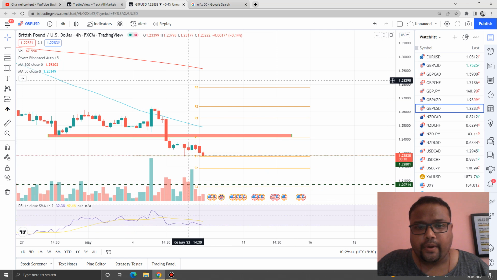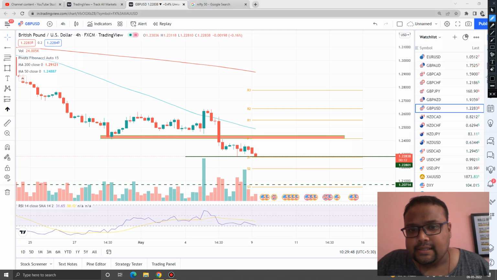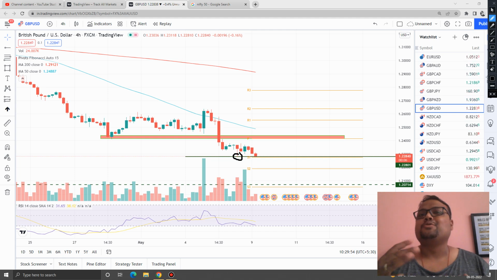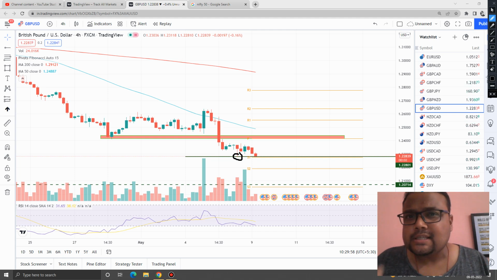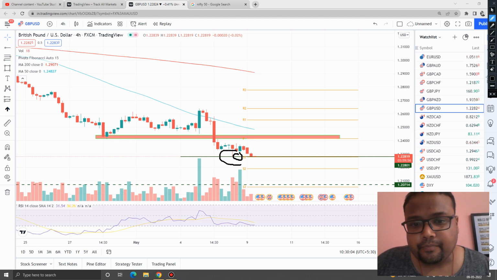So previously, when market bounced from this level of 1.2283 or 80, we can see that market bounced from this level. But right now, market is not bouncing because DXY is positive, selling pressure is there in GBPUSD, sellers are dominating the market. So as a result, we do not see the bounce we witnessed here.